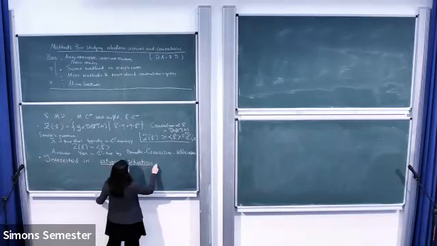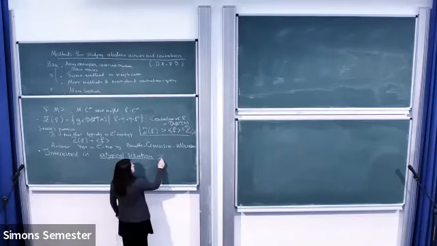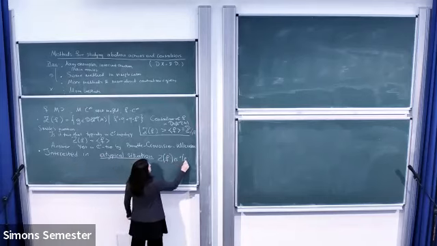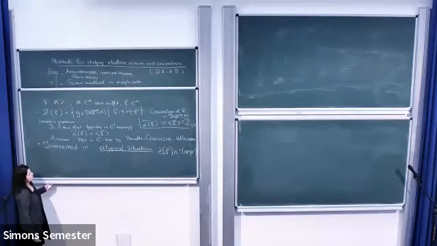What do I mean by atypical situation? An atypical situation where the centralizer is somehow large. And I'll explain in examples what I mean by large. So what do we want?